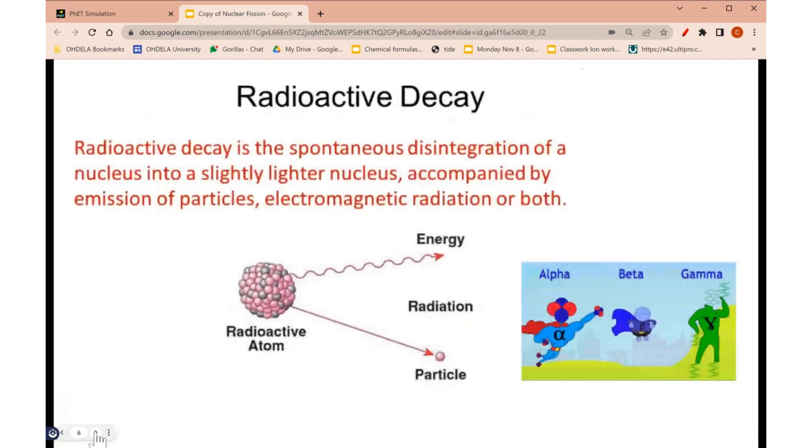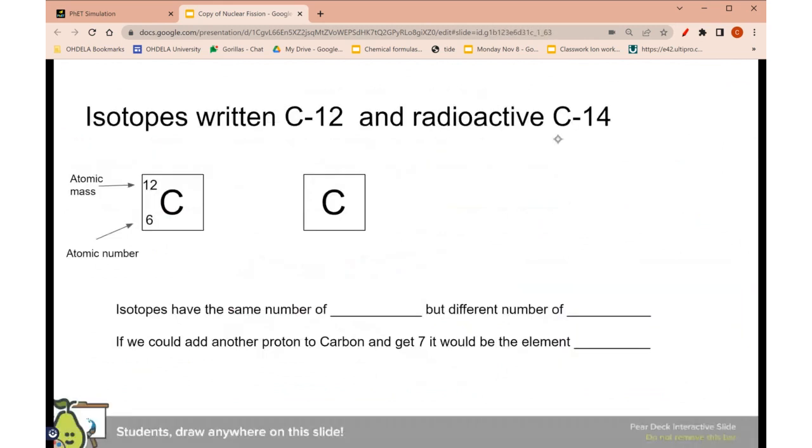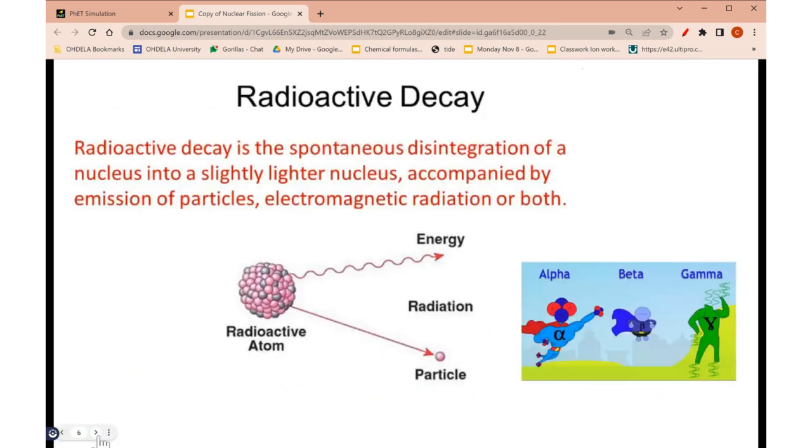So radioactive decay is a spontaneous disintegration of a nucleus into a slightly lighter nucleus, accompanied by emission of a particle, electromagnetic radiation, or both.